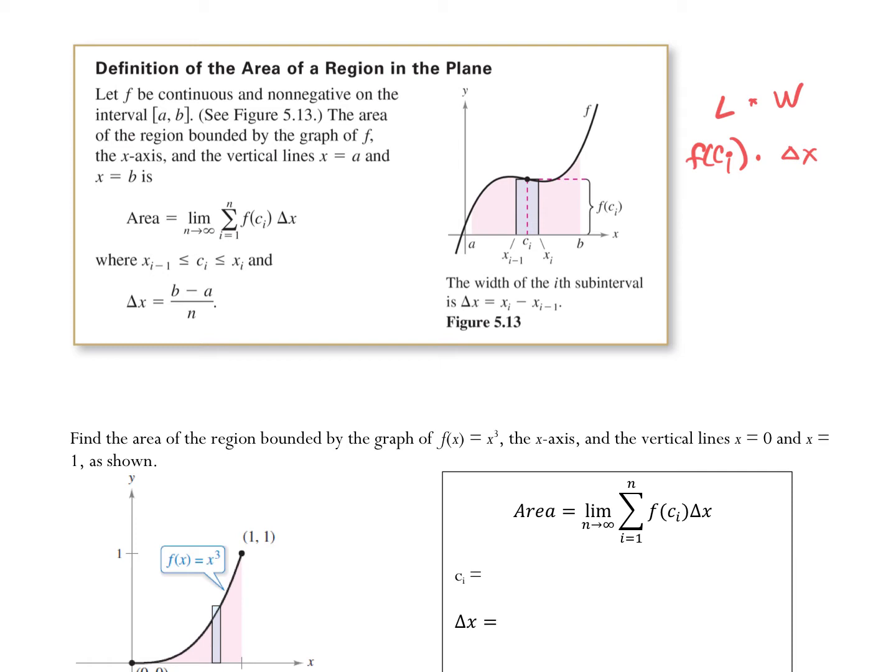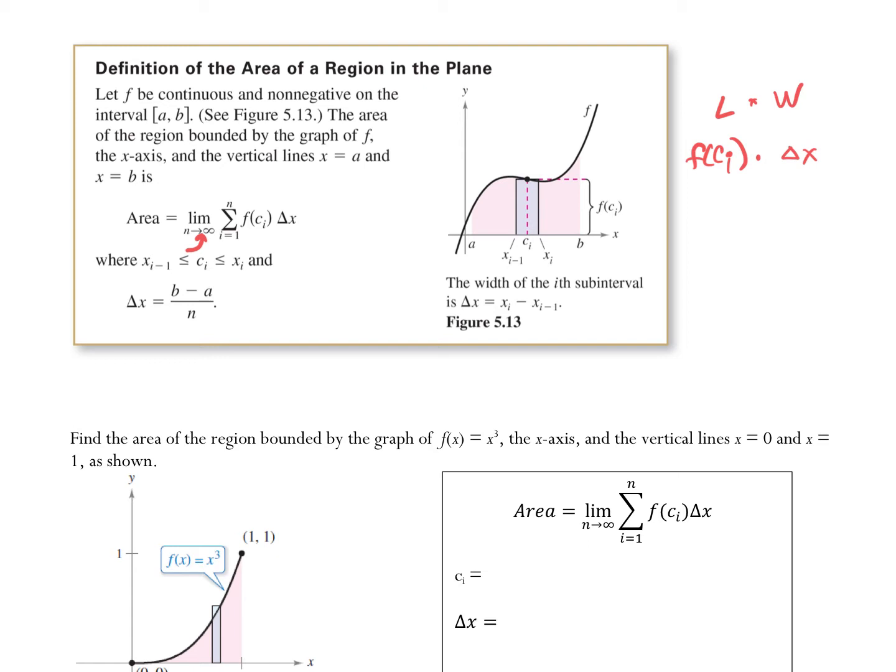Another way of saying delta x approaches 0 is, if I make the rectangle smaller and smaller, how many rectangles will I have as delta x gets really tiny? An infinite amount. So we could either think of it as the limit as my number of rectangles approaches infinity, or as delta x approaches 0. Both of those are equivalent statements.